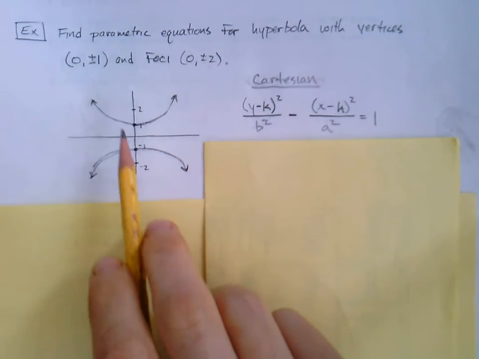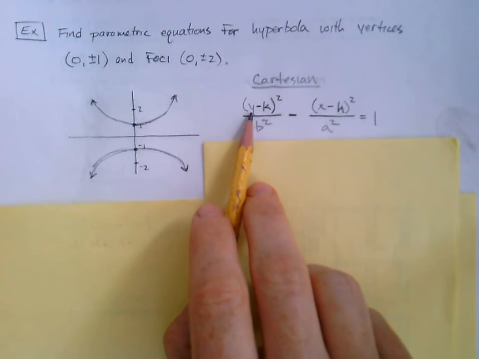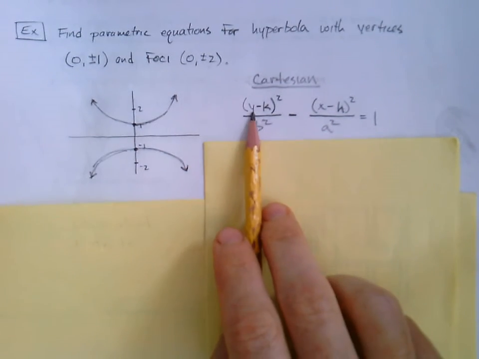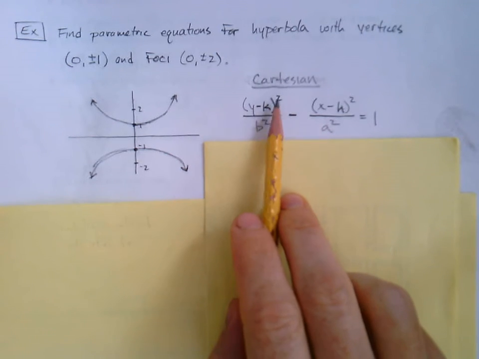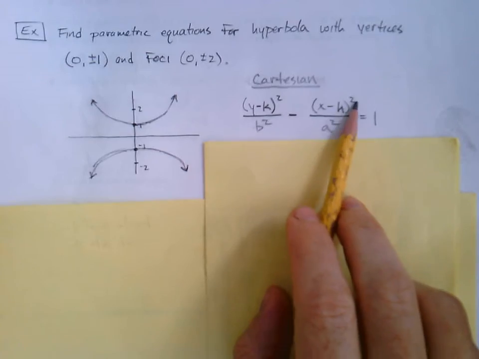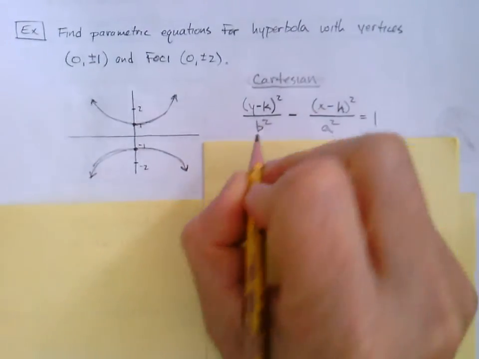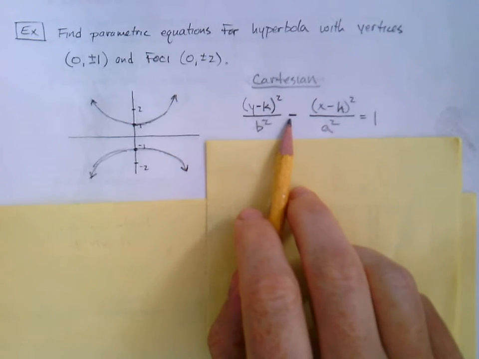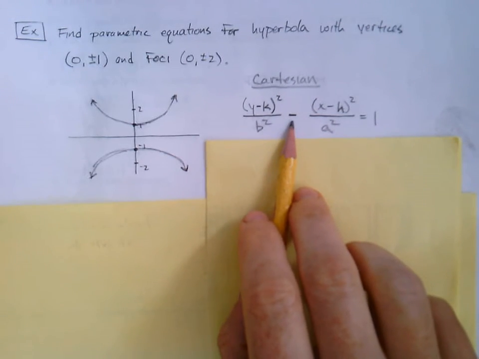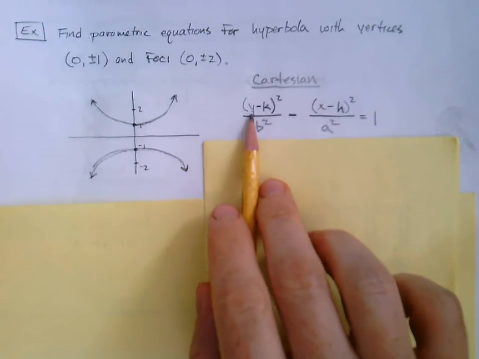In this form, because it opens upwards and downwards, the y comes first. So we have y minus k squared over b squared minus x minus h squared over a squared. Very similar to the ellipse. Big difference is you subtract. But as soon as you subtract, now the order matters. Is the x coming first or is the y coming first?